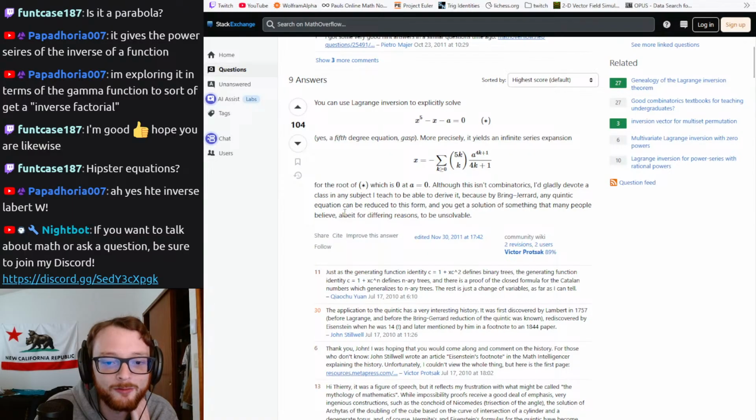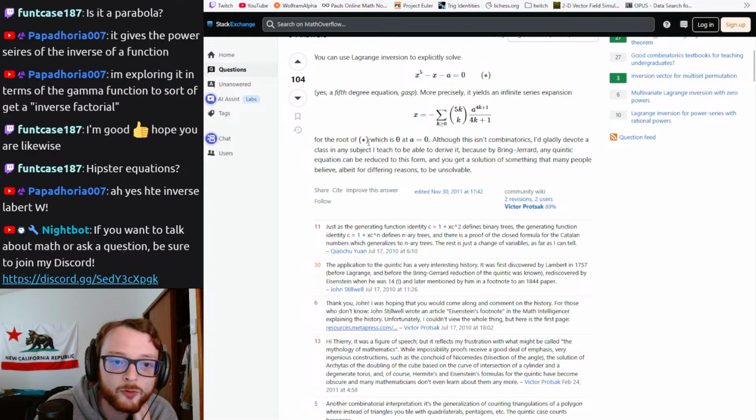Huh. You can solve a quintic. Any quintic with it, apparently. That's pretty cool. I wonder if it works for higher degree polynomials.